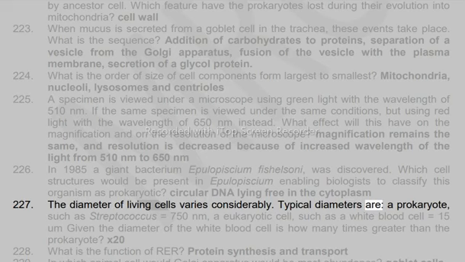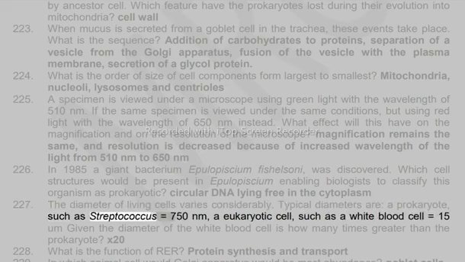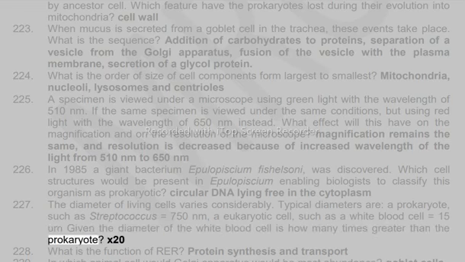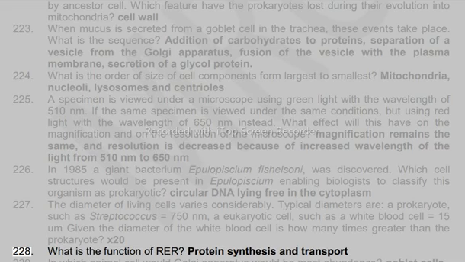Typical diameters are: a prokaryote, such as Streptococcus, 750 nanometers; a eukaryotic cell, such as a white blood cell, 15 micrometers. Given this, the diameter of the white blood cell is how many times greater than the prokaryote? x 20. 228. What is the function of RER? Protein synthesis and transport.